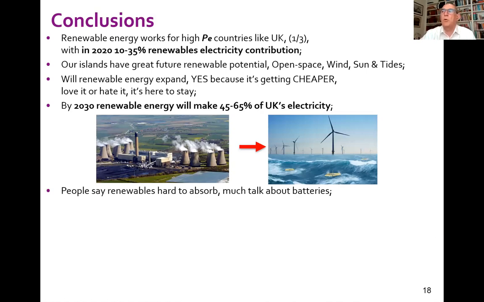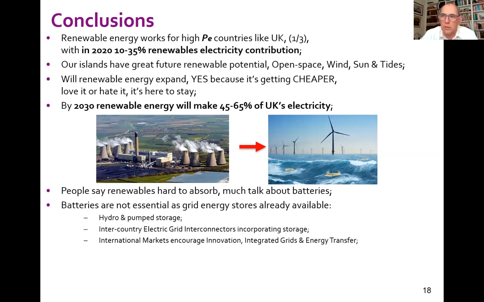People say renewables are hard to absorb, and they talk a lot about batteries. That may be relevant in Central Africa, but it's not in Europe. They're not essential because of the grid and the energy stores that are already available in the grid.